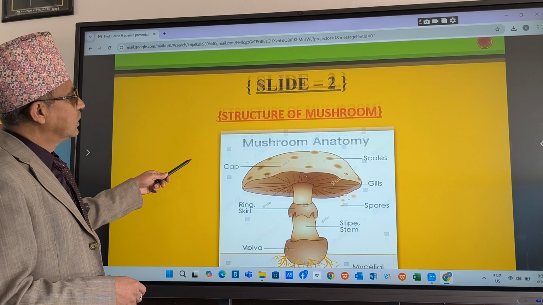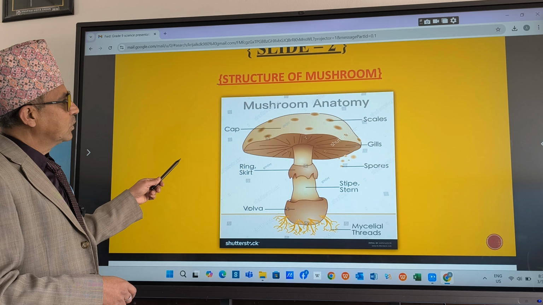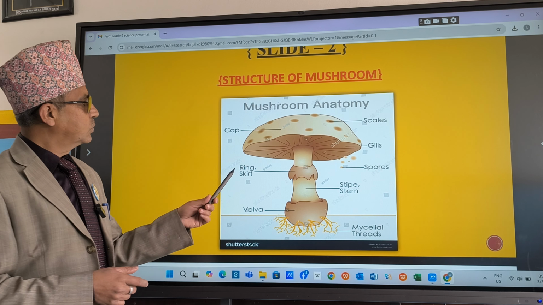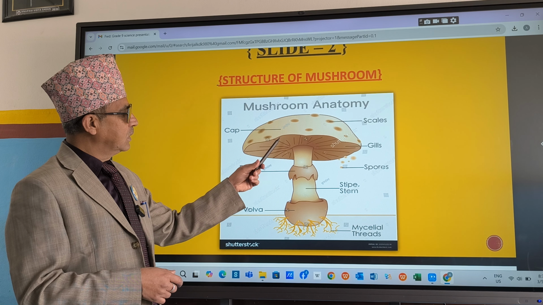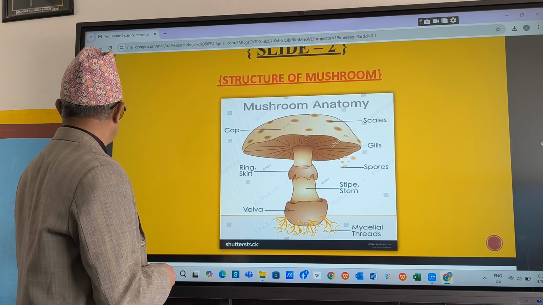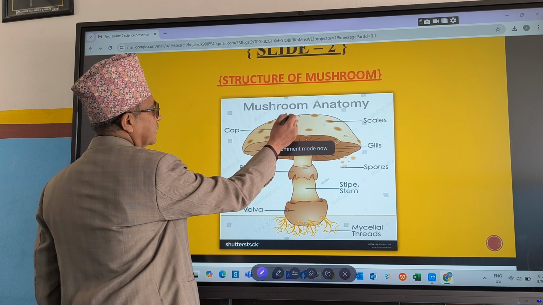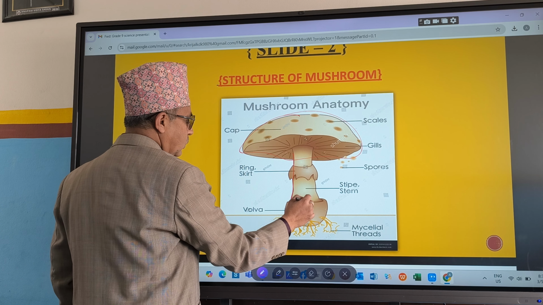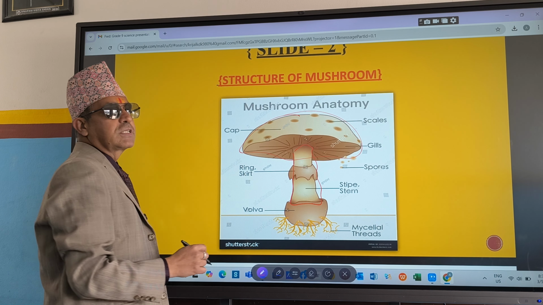Slide 2. Structure of mushroom. So a diagram can be asked, to draw the mushroom. Mushroom has mainly two parts. One is the umbrella-like part. What do you call it? It is called pileus, and this slender structure is called stipe.